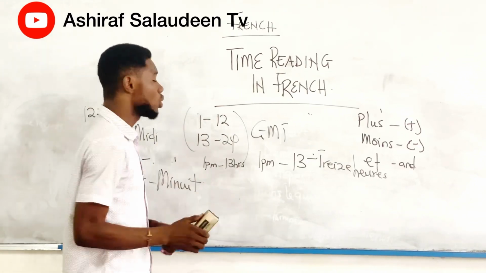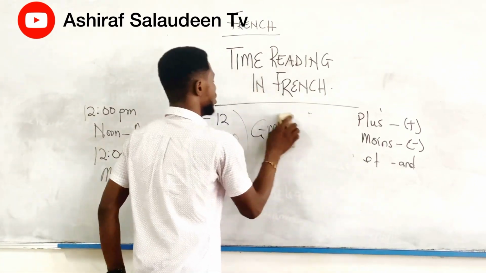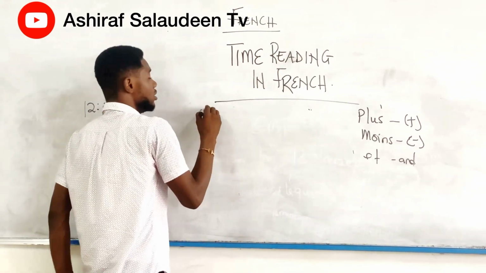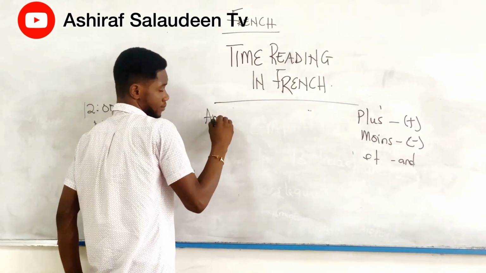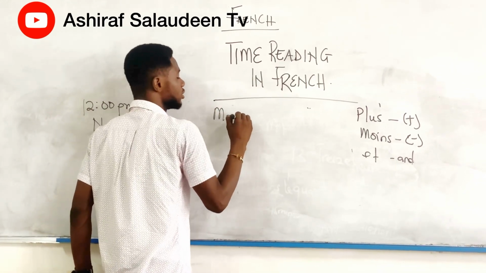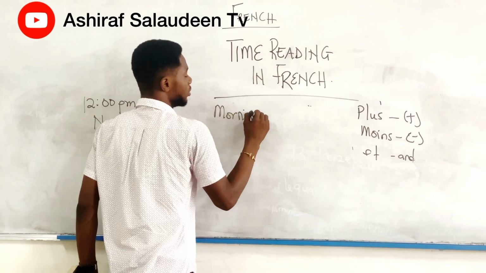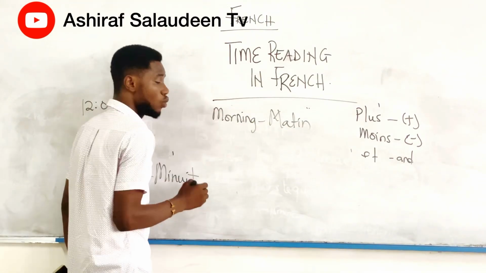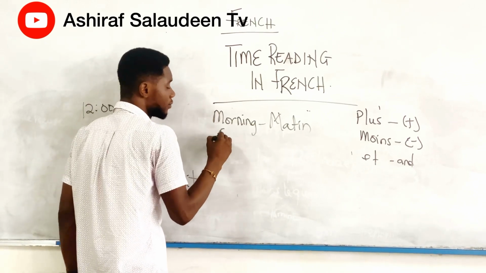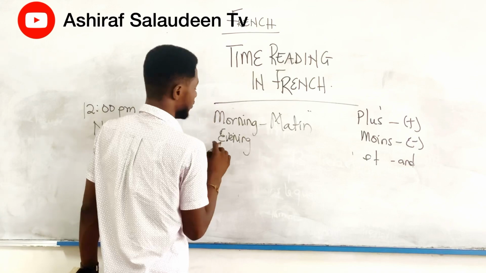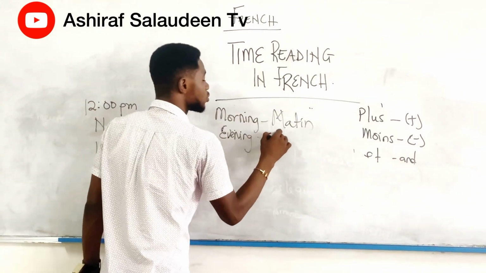But there are days where we are confused. Okay? You have to take note of the fact that AM or morning in French is matin, while evening time is soir.